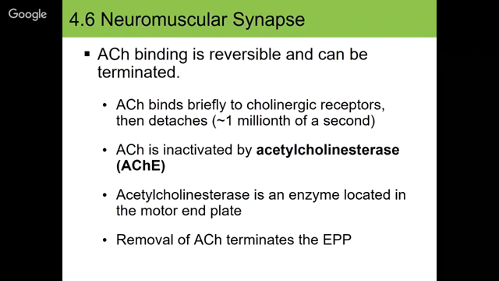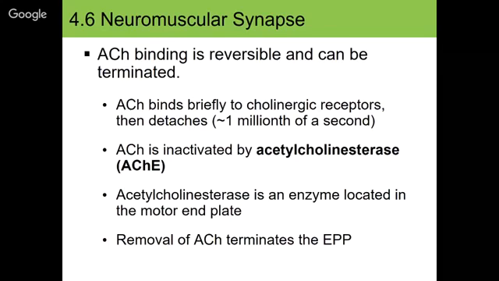As more and more of this neurotransmitter floods the motor end plate, you're just going to keep getting this EPP, this end plate potential. You're going to constantly be stimulating the muscle, which is necessary if you actually need to affect an action urgently in the muscle, okay?